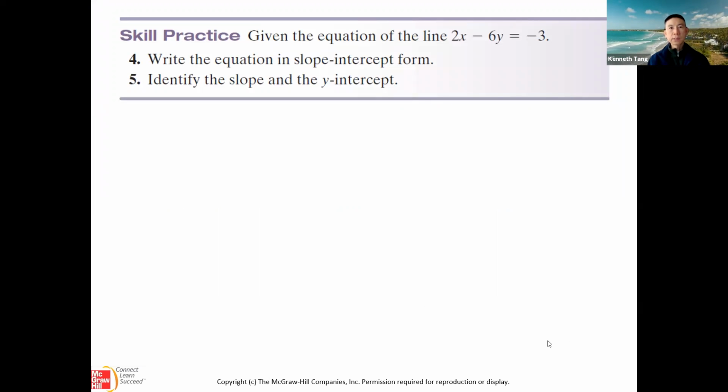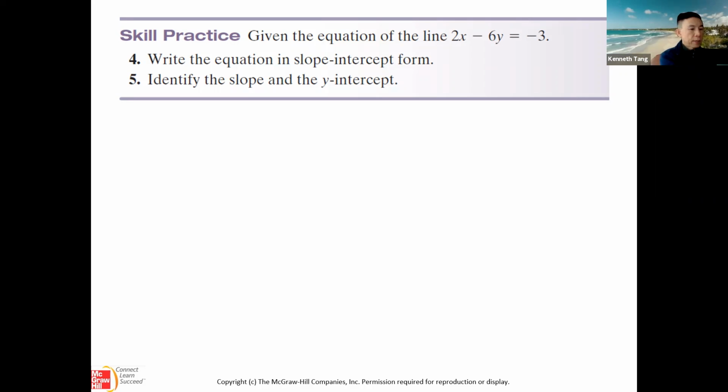Here's another good practice, and you can pause the video and solve that problem. This problem is going to be your quiz number 1. Quiz number 1 is 2x minus 3y equals 0. They want you to find the x-intercept and the y-intercept, and then graph them. Now this is your quiz number 2.